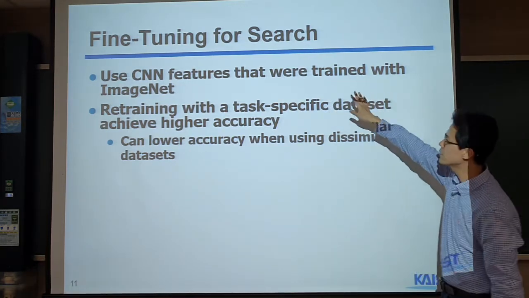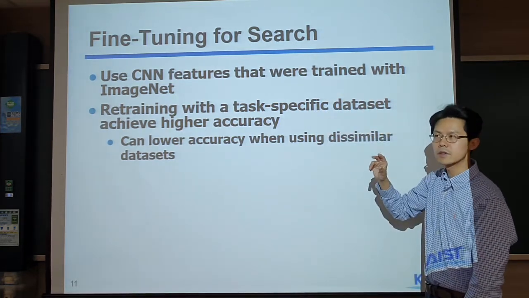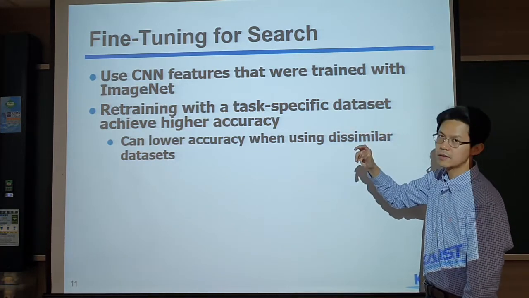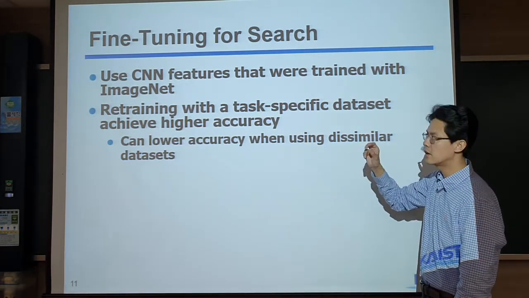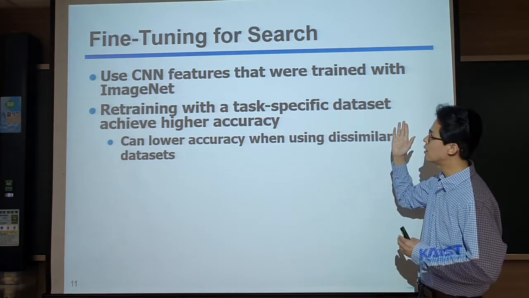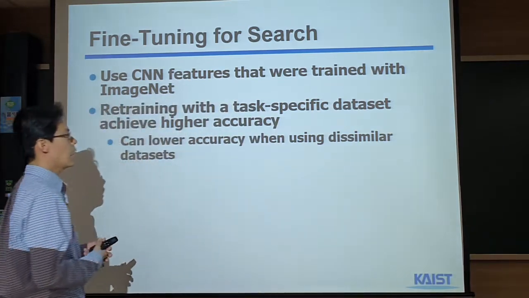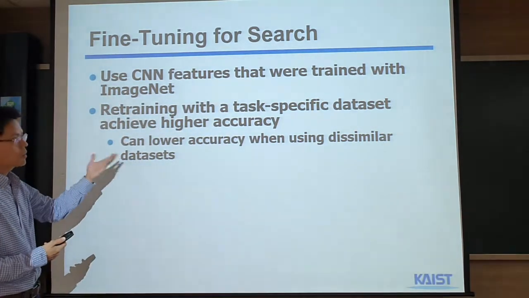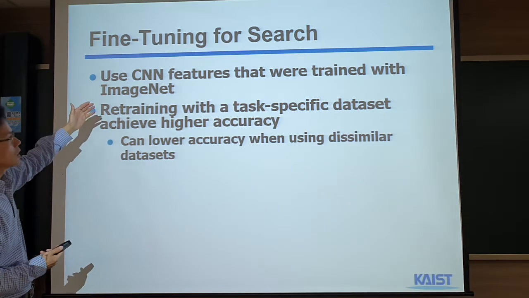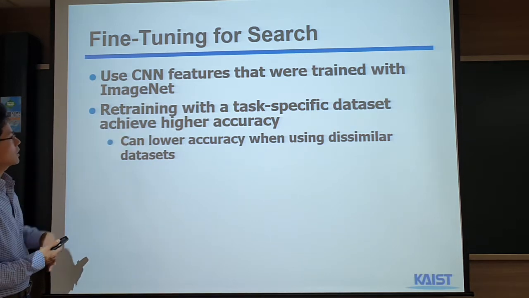So we can use this CNN feature that was trained on ImageNet for the task of object classification, which is not really related to image search, right? So in order to achieve better accuracy for our problem of image search, they retrained the network with a task specific data set for achieving high accuracy.